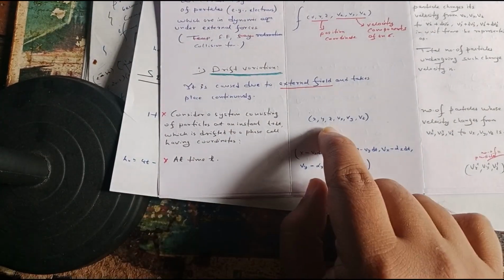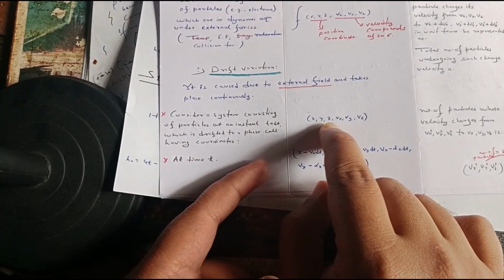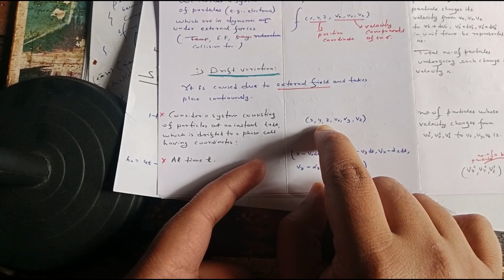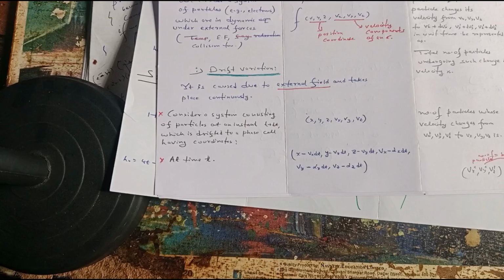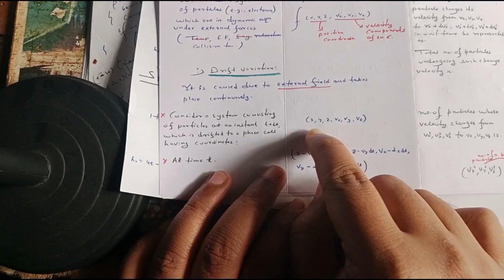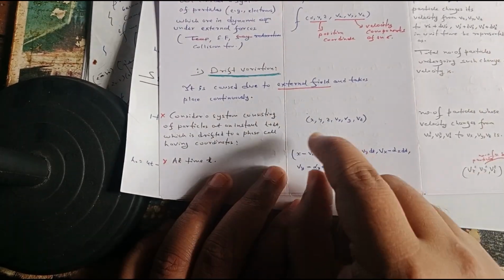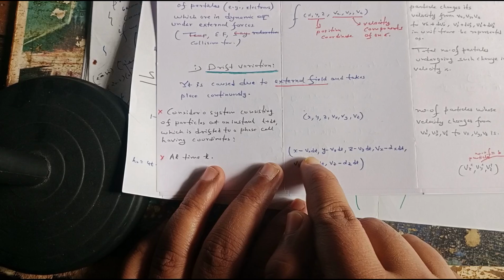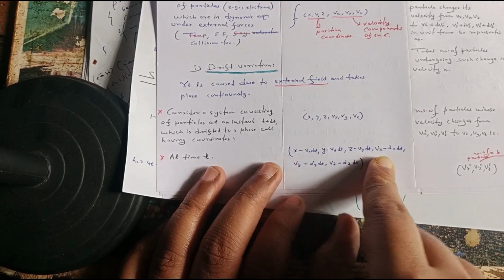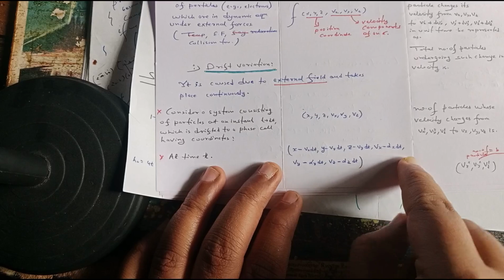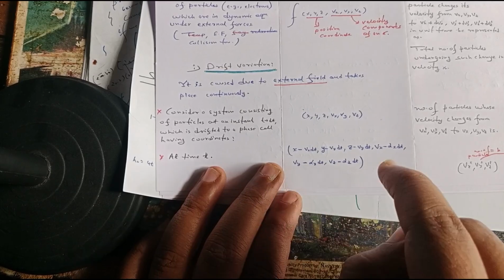Now let us consider an electron in our system which is at position coordinate x, y, z, and at that position it has velocity vx, vy, and vz. Under the influence of an electric field, that electron shifts to the coordinate x minus bx dt, y minus by dt, z minus bz dt, and its velocity coordinate changes as follows: vx minus alpha x dt, vy minus alpha y dt, vz minus alpha z dt.